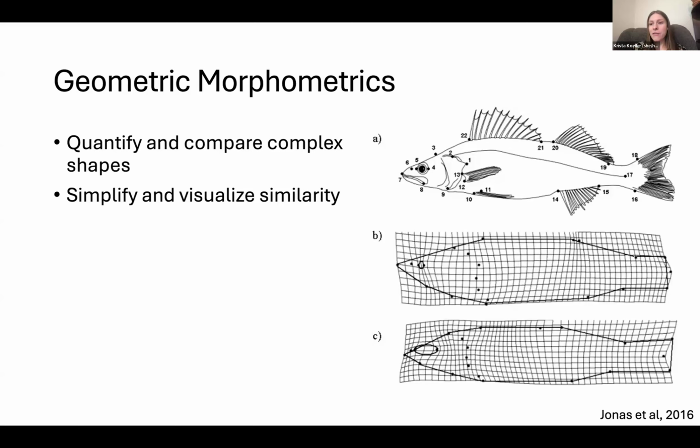In this case, we have a bunch of markers on different points that all specimens in this data set share, and those are plotted, and the shapes are compared. Basically, it's a way to mathematically describe complex shapes.